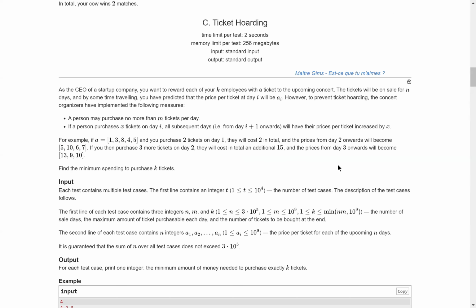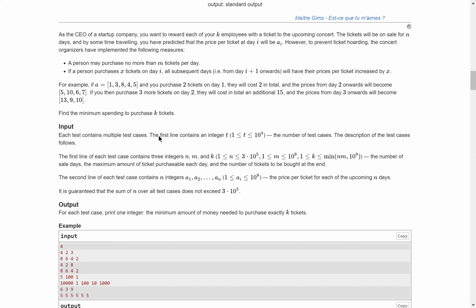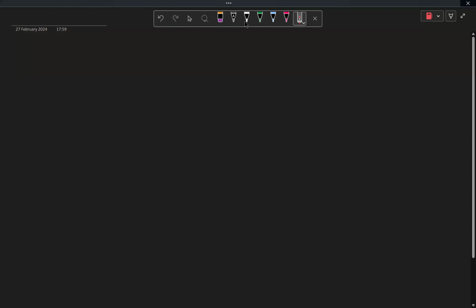Now the actual explanation begins. Let me tell you about the problem once again. I think the way in which I read the problem statement might be really vague.